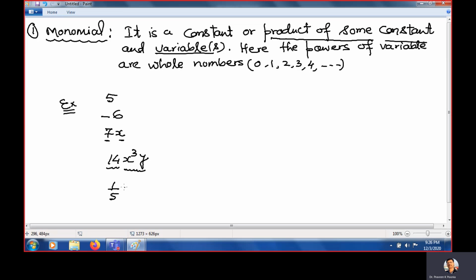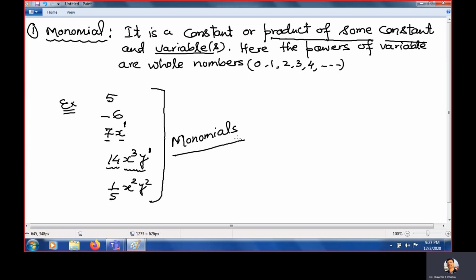1 upon 5 x power 2 y power 2. What is this? 1 upon 5 is a constant and x power 2 y power 2. Here you can see the powers 1, 3, 1, 2, 2. All these numbers are whole numbers. So whatever examples I have written here, these all are monomials.